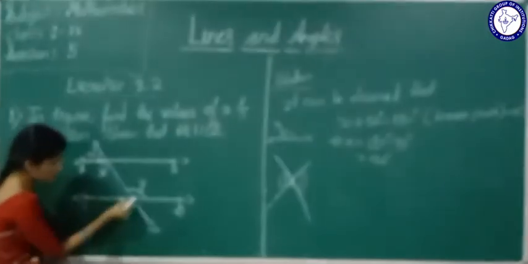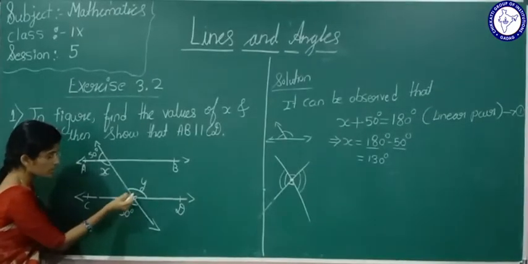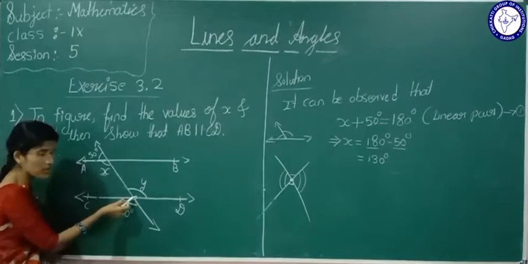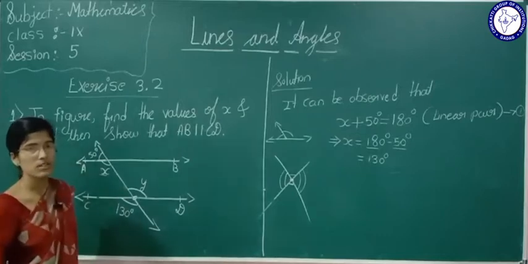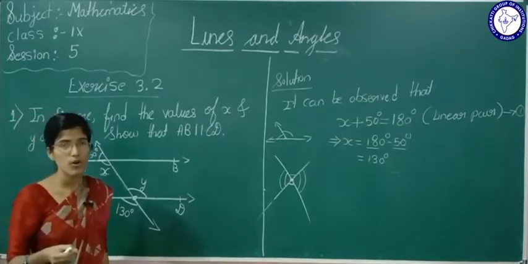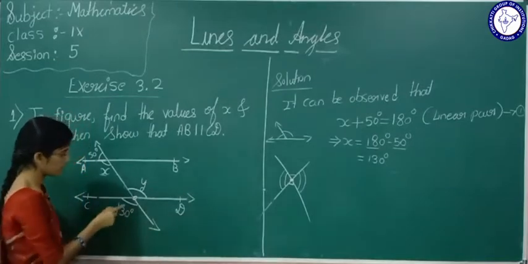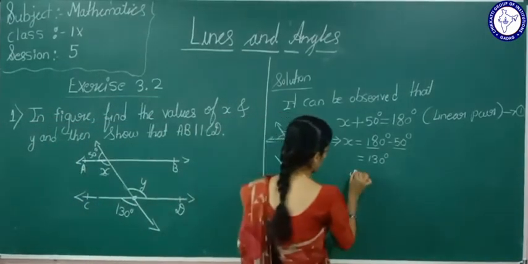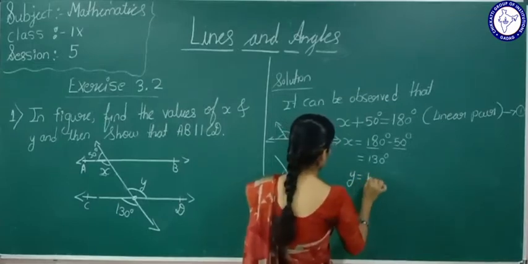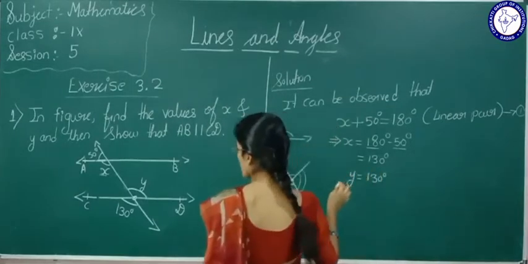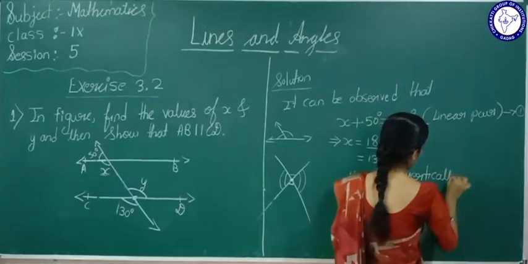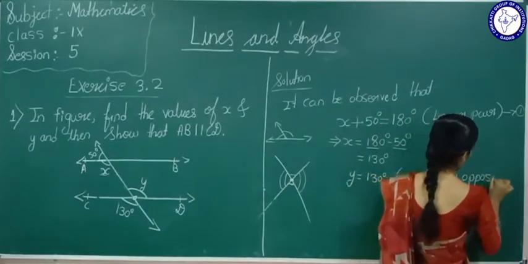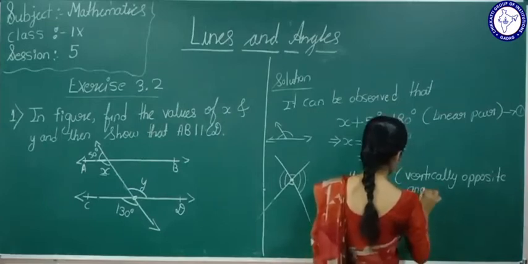So the vertically opposite angles are equal. Here y is equal to 130 degrees. What is the reason? Vertically opposite angles.